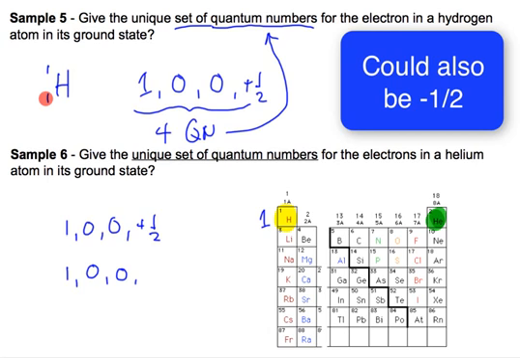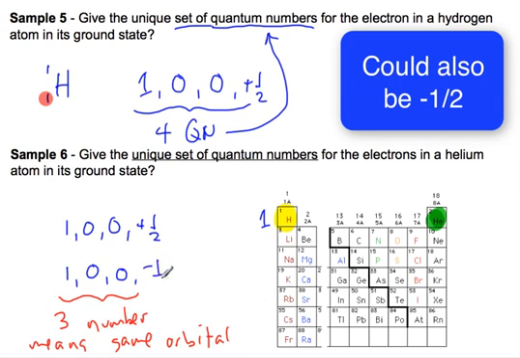Notice that the first three numbers are identical. When the first three numbers are the same, it's the same orbital. And we can only put 2 electrons in one orbital, so now we have to make it unique. So now we must pick a spin number of -1/2. And so there are 2 electrons in the same orbital with opposite spins, and that's helium.